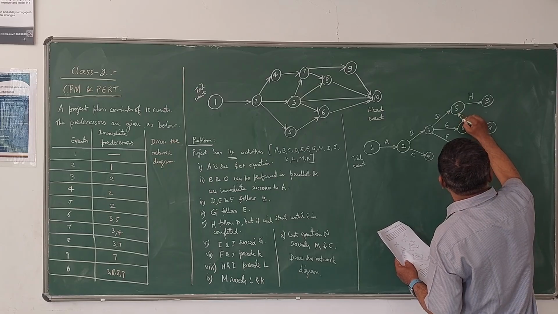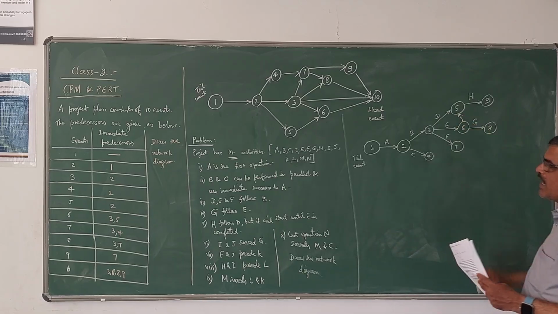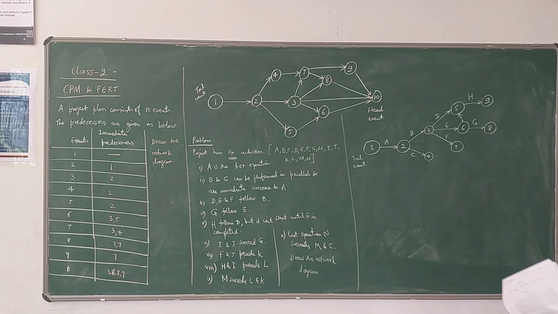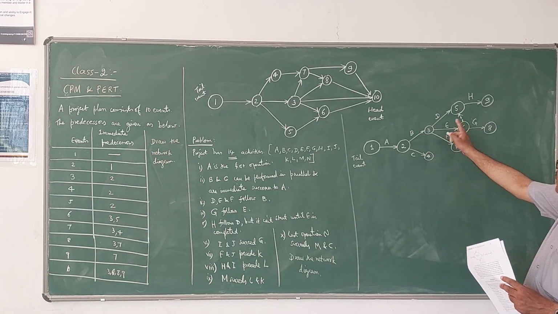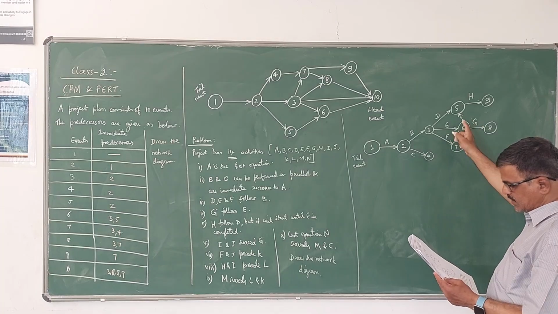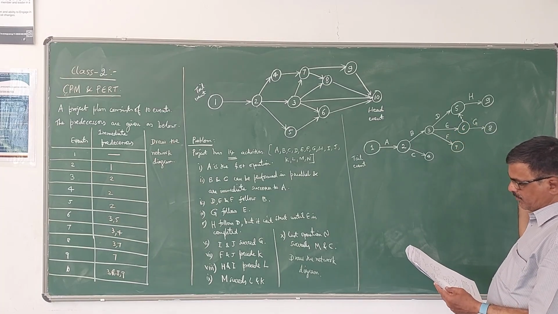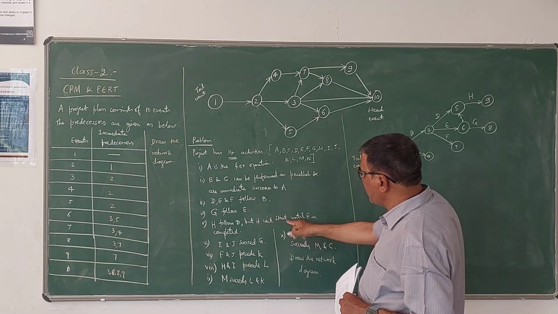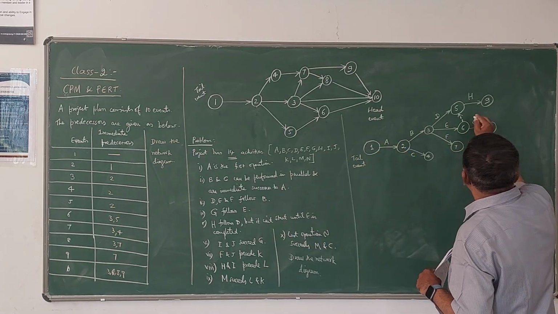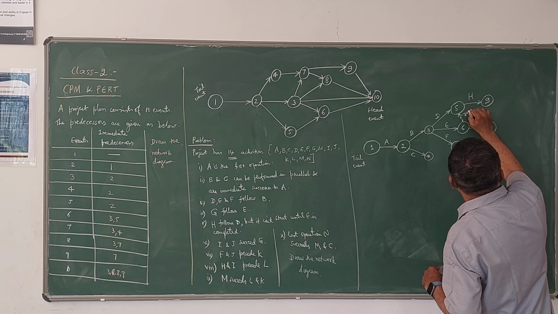This is a dummy activity, a broken line. So there will be conditions. Unless activity E is completed, you cannot start H. So this is a dummy activity.